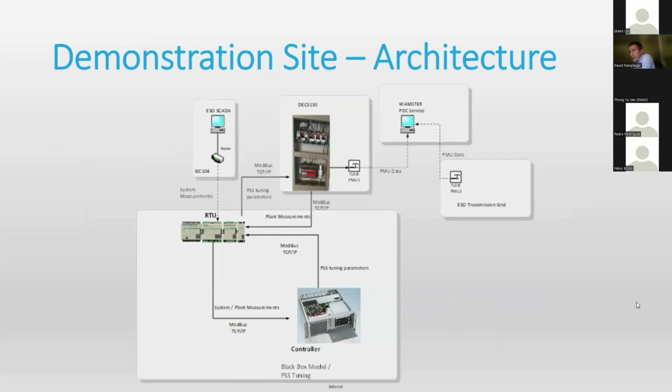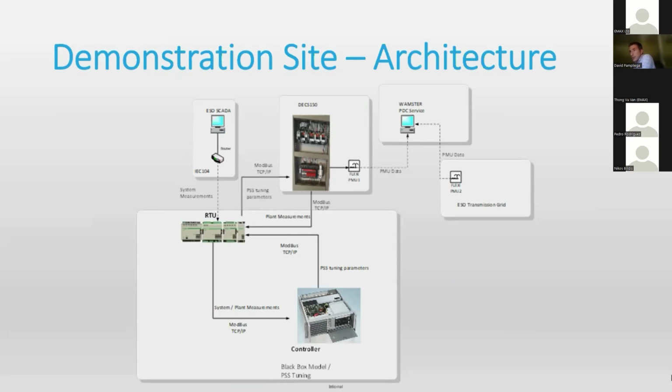We have a controller box, which is the large section here in white, which contains this controller, which implements the black box model algorithm, and also a remote terminal unit acting as a communication gateway with the systems from the area of influence of the plant in which we are implementing this technology, and also communicating with the AVR, getting all the relevant data from its behavior, and also allowing to operate it based on the commands, instructions originating at the controller.